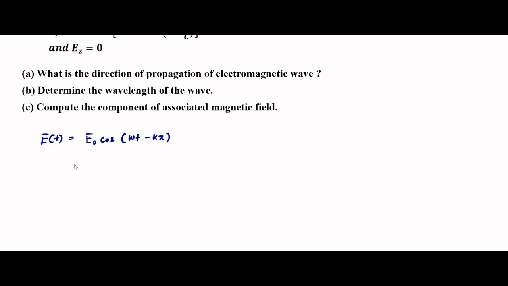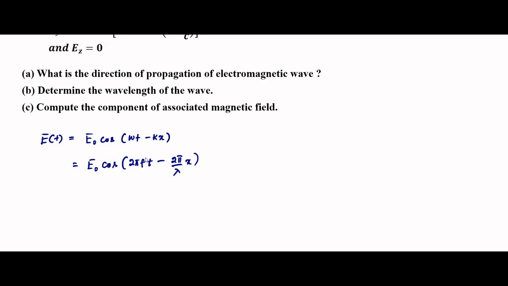So now we can rewrite it as E0 cos 2 pi f into t, where omega is equal to 2 pi f. Omega is the angular frequency in radians per second, f is the frequency in second inverse or hertz. Wave number k is written as 2 pi by lambda, where lambda is the wavelength, and again x, the propagation direction.